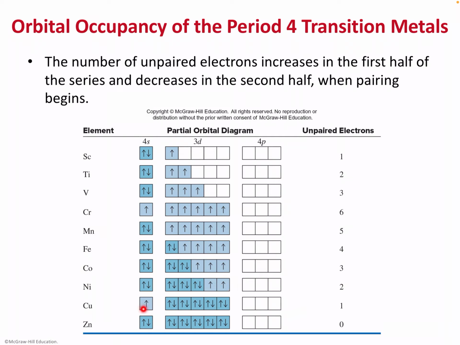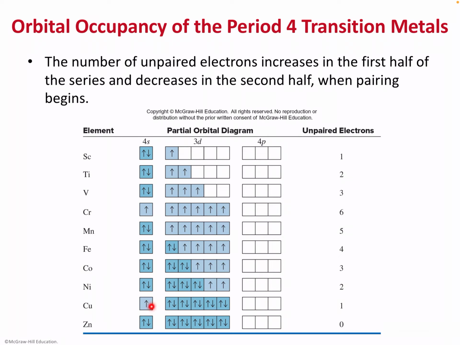And when you come to copper, it would be after nickel. Copper is going to be 1 electron more, so we would expect it should follow the same pattern. But when the d orbitals are completely filled, they get additional stability. So one of the 4s2 electrons jumps into the 5th d orbital and becomes 3d10, 4s1.